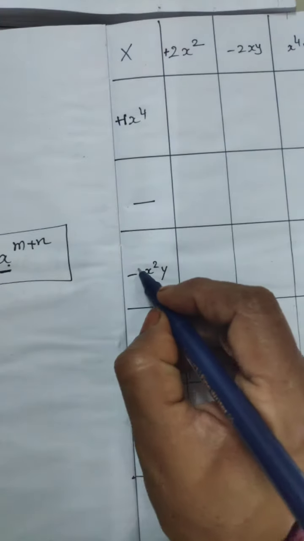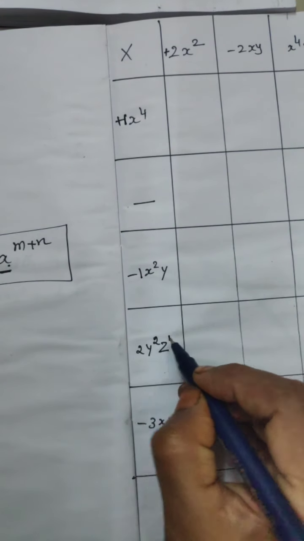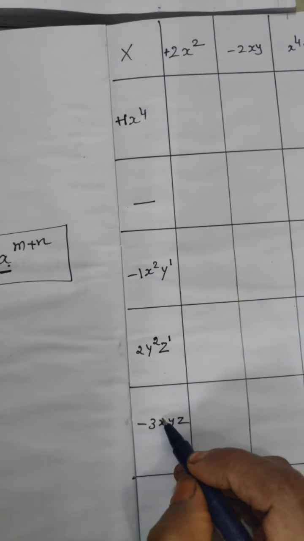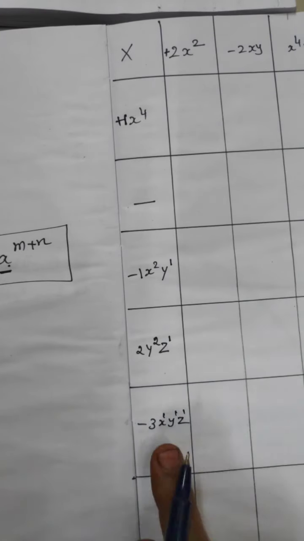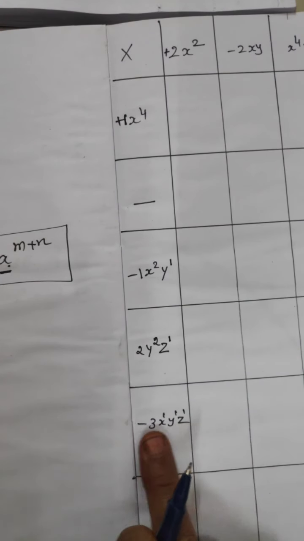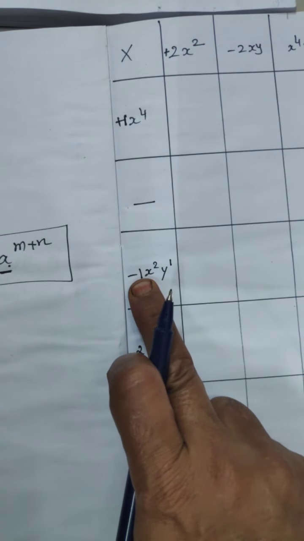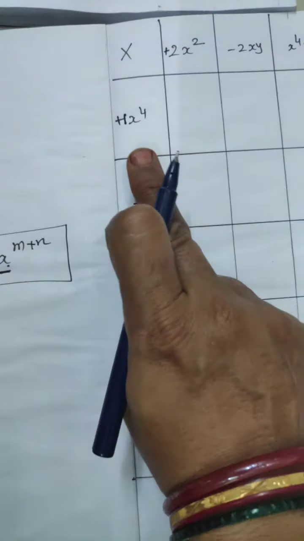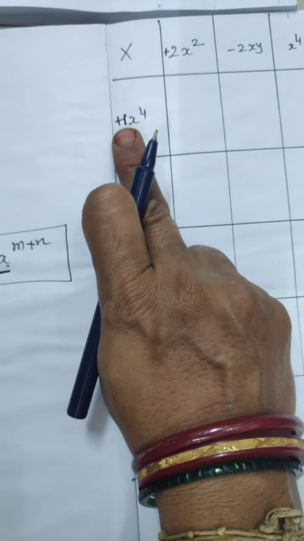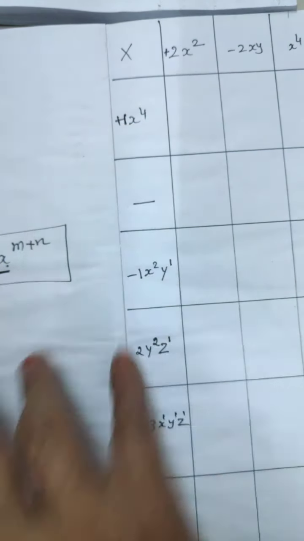Dash after you write. Now here write the number. Here power is 1, here power is 1, here power is 1. Any variable that doesn't have a power number, you write 1. Any variable that doesn't have a symbol, also write the plus symbol.